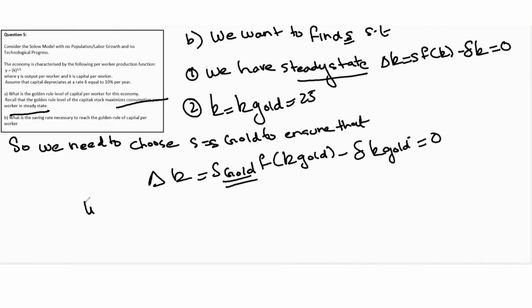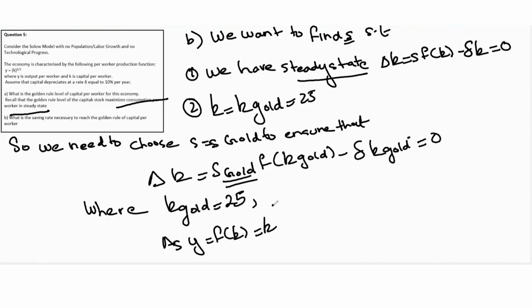We know K gold is 25. And we know that f(k) is equal to k to the 1 by 2, the per worker production function. So f(K gold) is equal to 25 to the power 1 by 2, which is 5. And we know that delta is equal to 0.1. These are the things that were given.